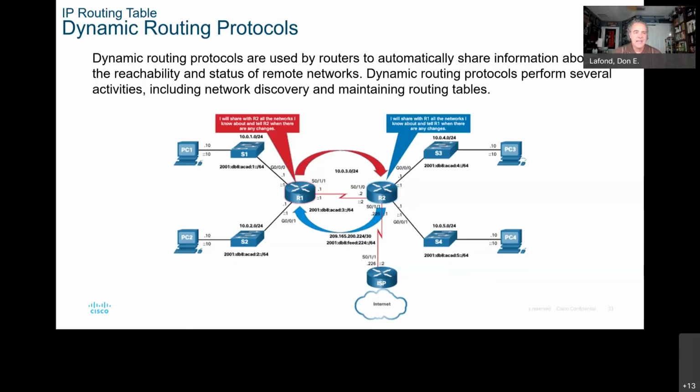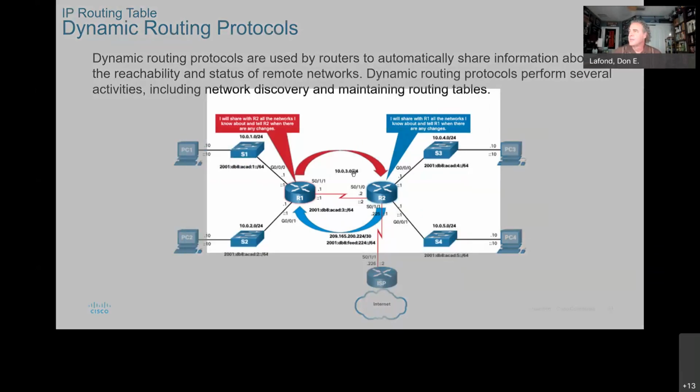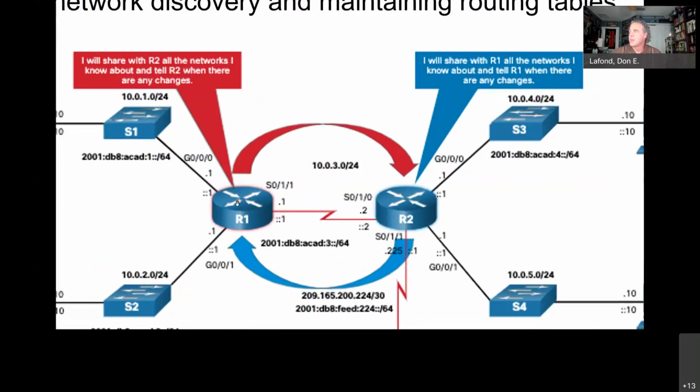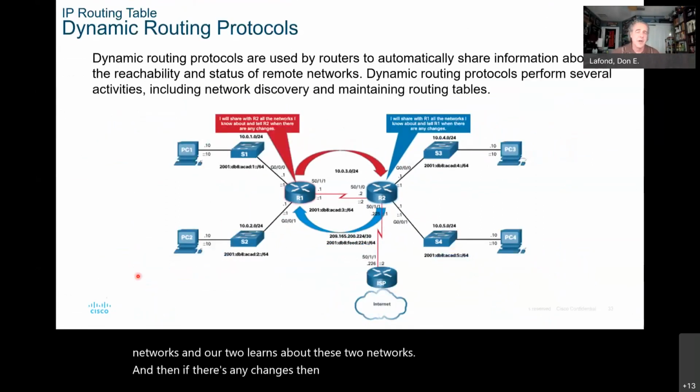What they're saying to each other is, I will share with R2 the networks I know about, and R2 is saying, I will share with R1 the networks I'm familiar with. And so ultimately, R1 learns about these 2 networks, and R2 learns about these 2 networks. And then if there's any changes, those changes are passed along.